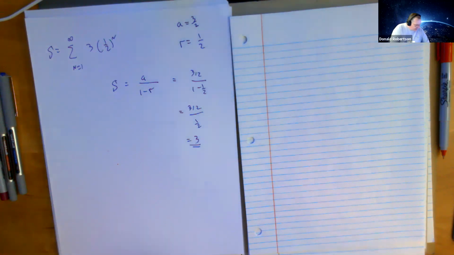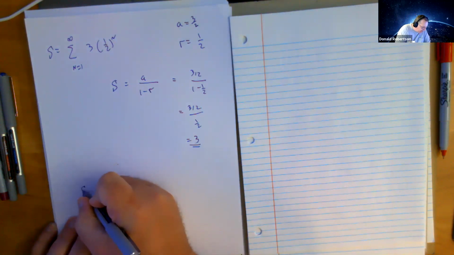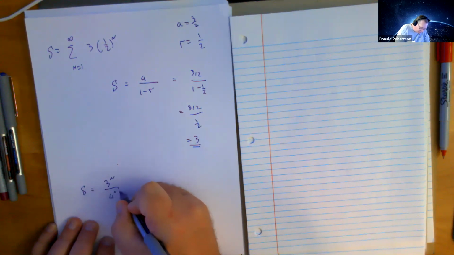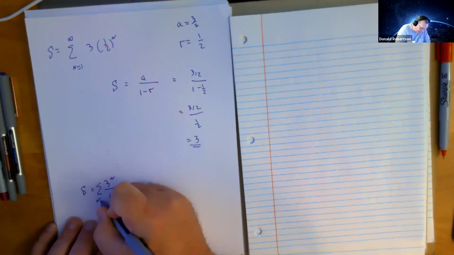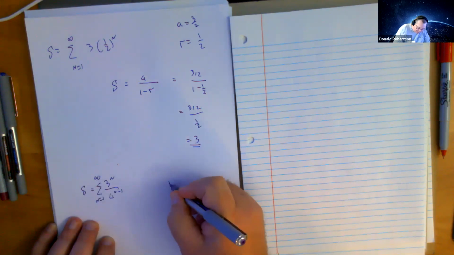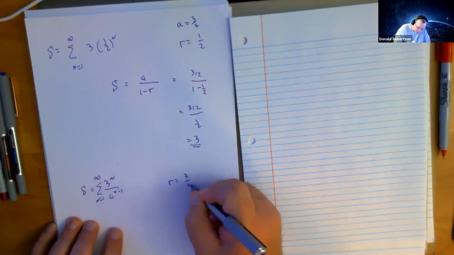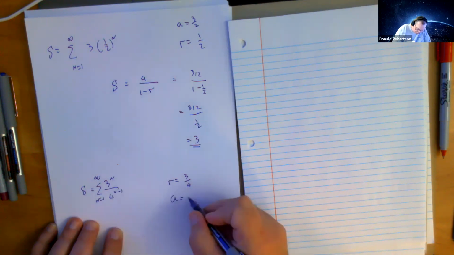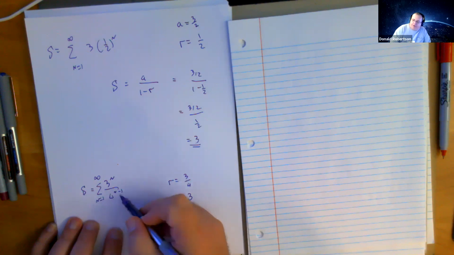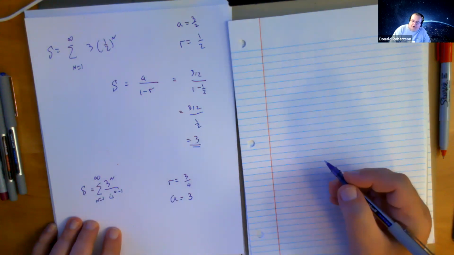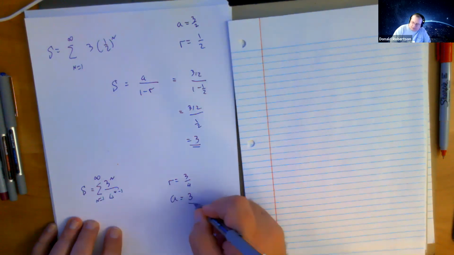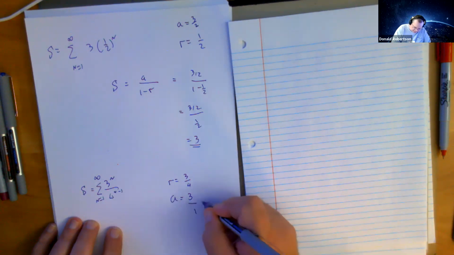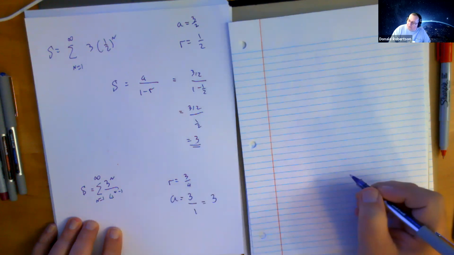Now, the second example. This one also converges. The R value we decided was 3/4, and its A value is 3 to the power of 1, which is 3, and 4 to the power of 0. Please don't tell me 4. 4 to the power of 0. So actually A ends up being just 3.